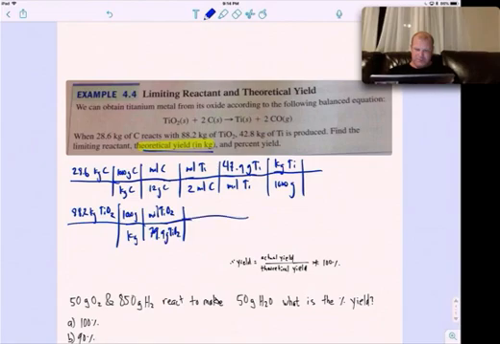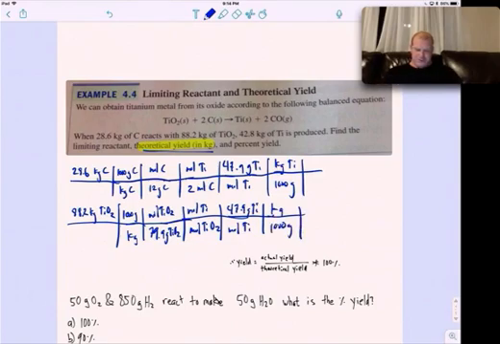And then mole Ti to mole TiO2. And then we have 47.9 grams titanium per mole titanium, and then kilogram to 1,000 grams. So I put the 1,000 grams in there, and if you haven't noticed, these two lines cancel. You multiply by 1,000, divide by 1,000.